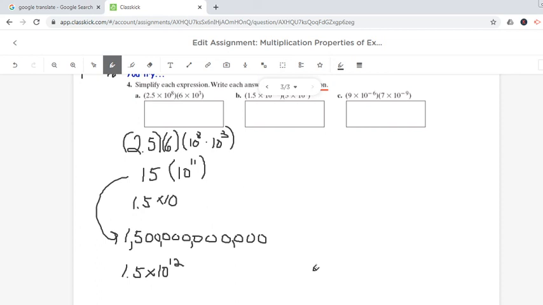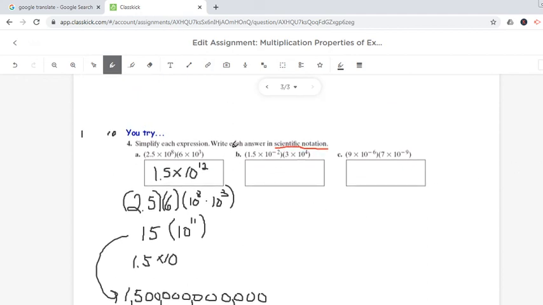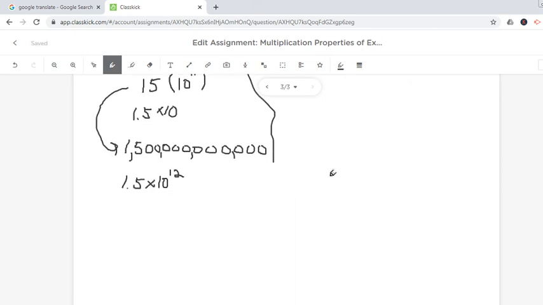Okay. I'll put it right in here. 1.5. Mark this off.